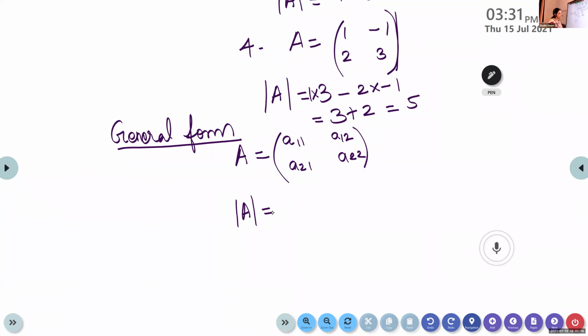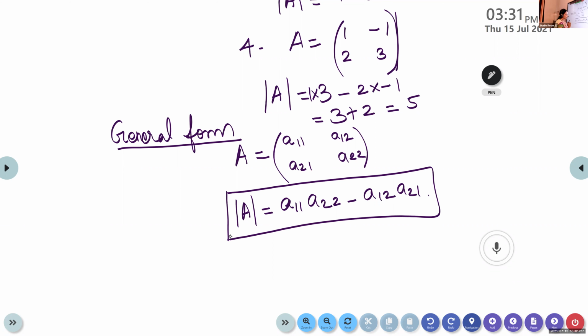A11 into A22 minus A12 into A21. Okay, so write this in a box, write the note down as the general form. This is how we take a general form of a matrix, for a 2 by 2 matrix.